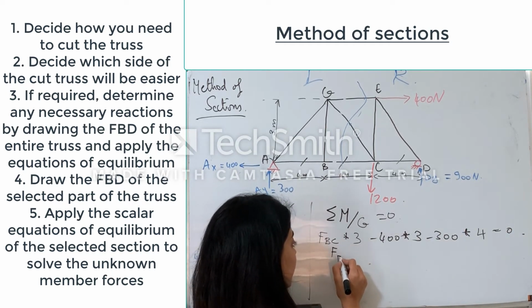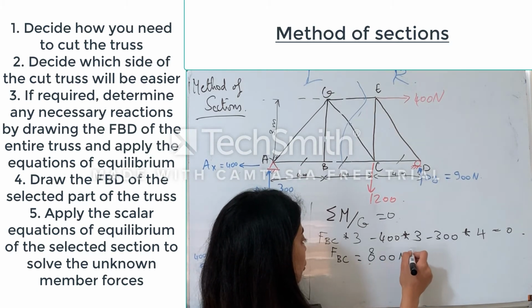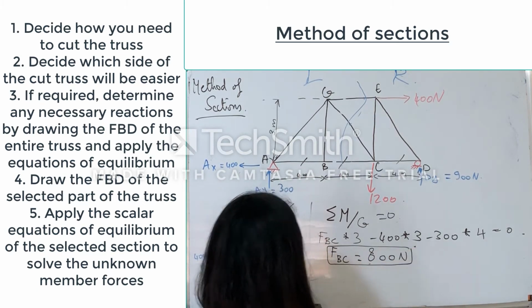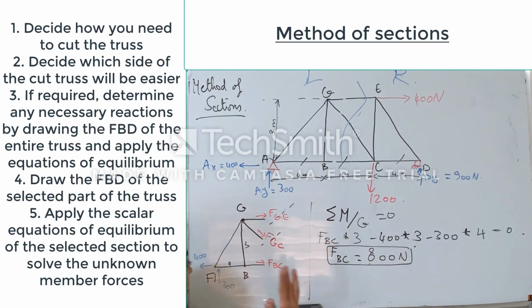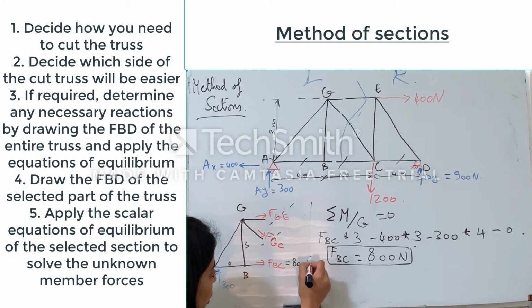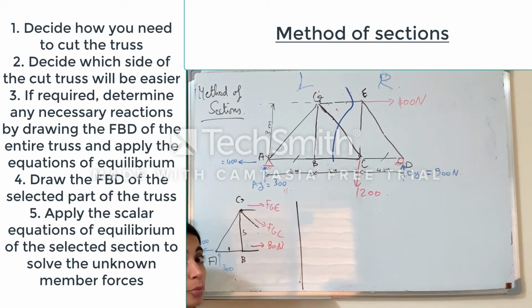And this means, guys, that FBC is equal to 800 newtons. This is my first unknown, and fortunately it is positive, so this member is in tension, so I can write that this is 800 newtons. So from the sum of moments around G, we found that FBC is positive, so it is in tension because my assumed positive direction is the tension, and it is equal to 800 newtons.